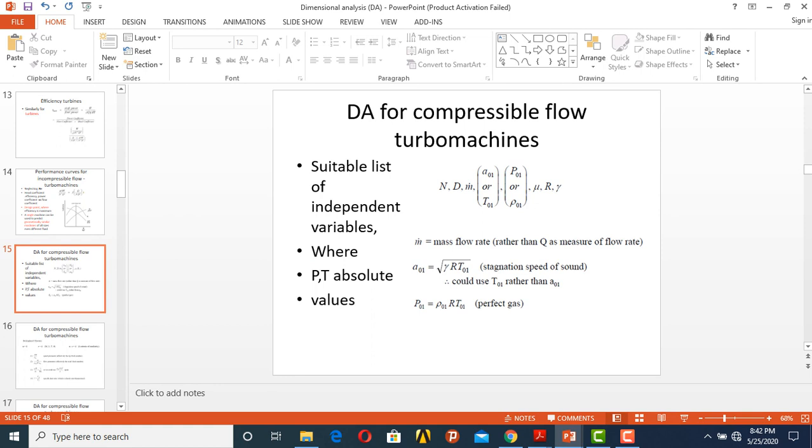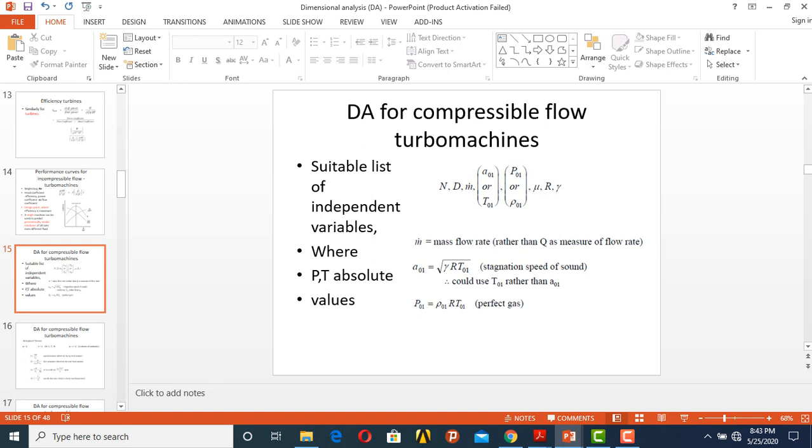Above 0.3, the flow is considered to be compressible. So flows like those considered in compressors and steam turbines are compressible flows. They have a Mach number greater than 0.3. So how do we go about the dimensional analysis for this?